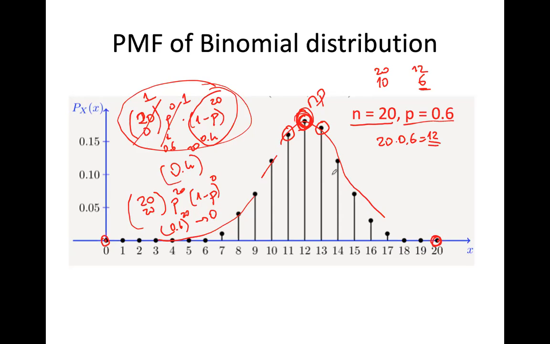And when we go away from this N times P, the probability will go away. Okay, please write a code in MATLAB or in Java or in any other language. Please write a code to see these formulations on your own. Increase N, change P and plot them as you wish, okay?